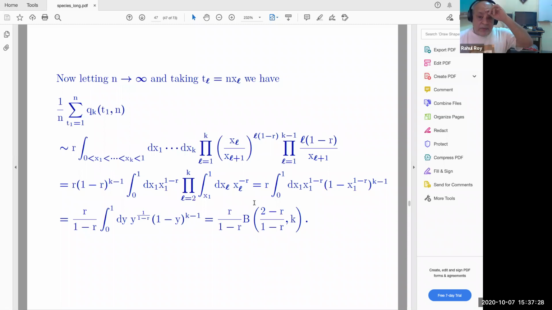And now letting n go to infinity and taking t_l to be n times x_l, if we do the calculations and go to the limit, because we are looking at x_1 and x_l's, you get this integral, and what you get from there is exactly the p_k which we want. Okay, so these are just calculations which are here in the slides, and Yogesh will put them up somewhere, so you can check these. Also, it's there on the arXiv.